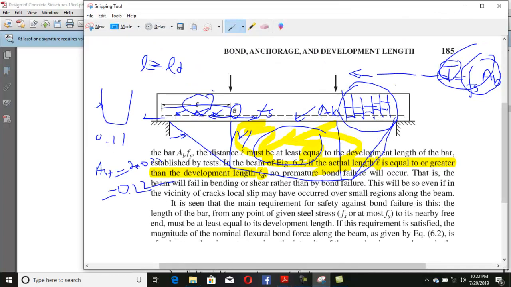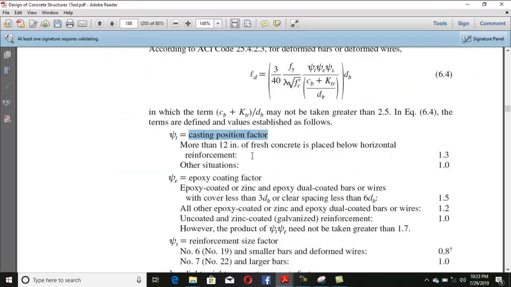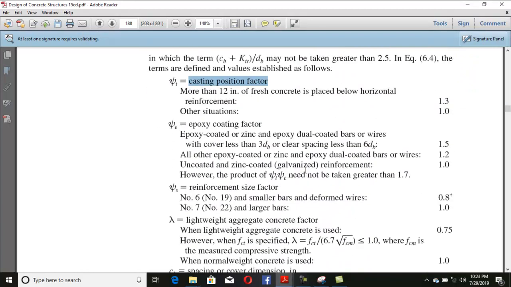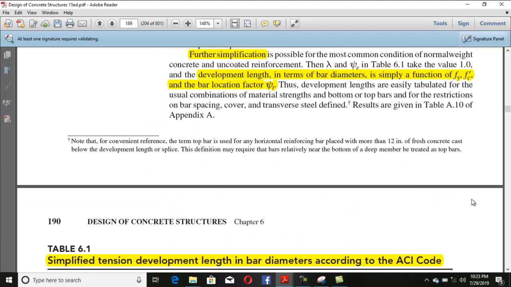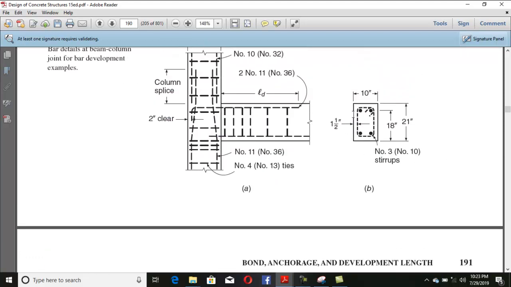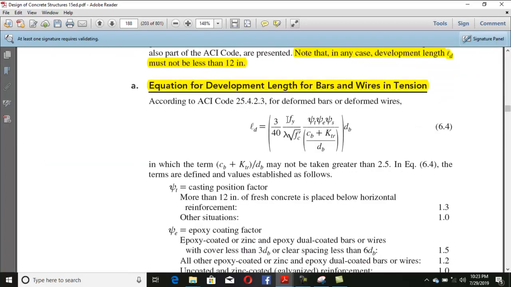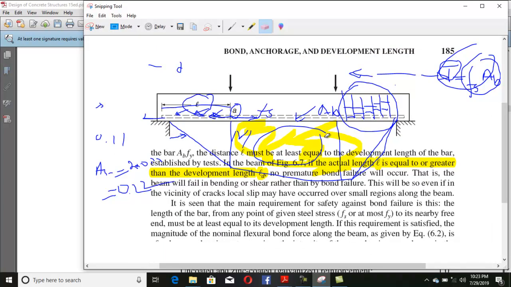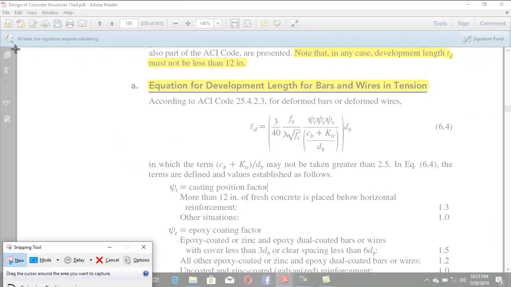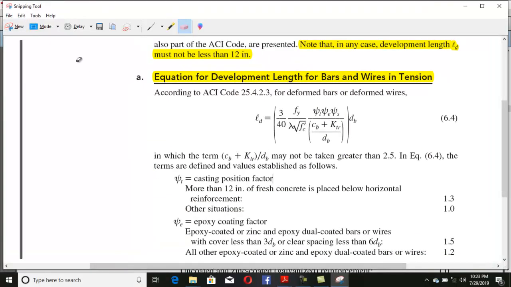For example, let me draw a clear sketch of a concrete section, and I have bars over here.